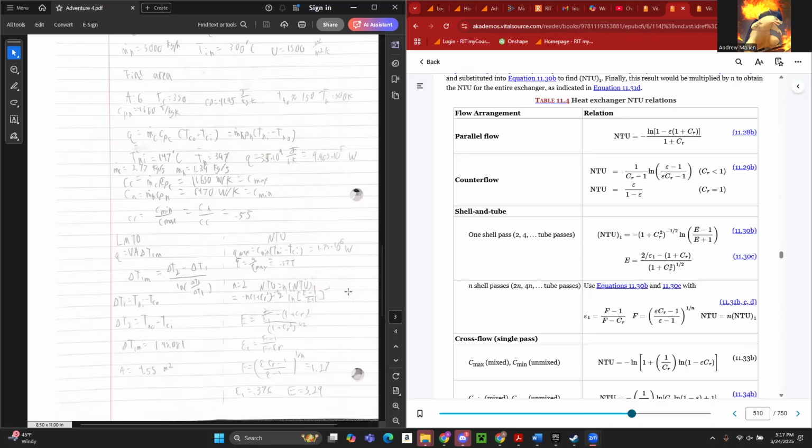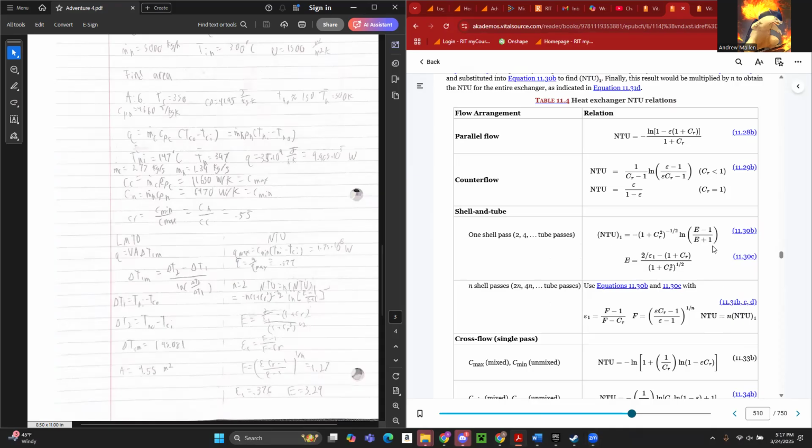If you combine those equations, you'll get this complicated equation right here, but that's just adding the n, as you can see in the NTU, to equation 11.30b.